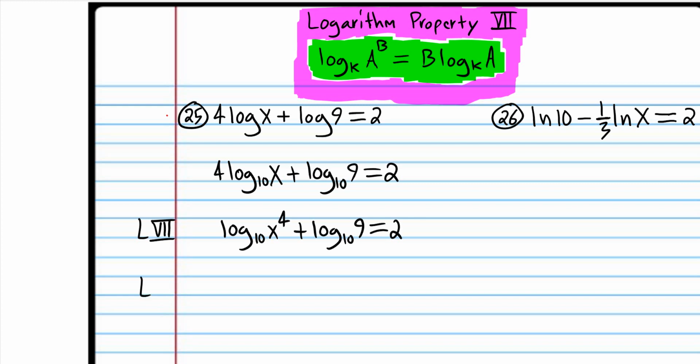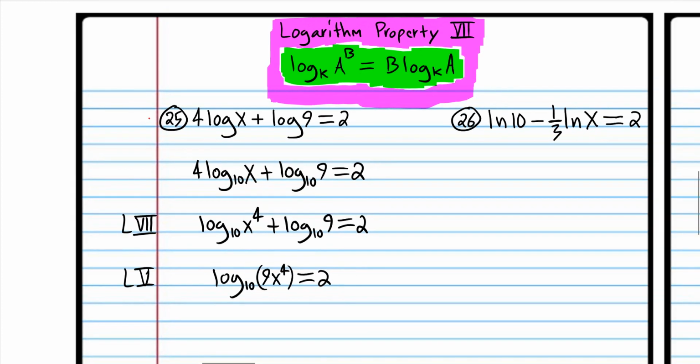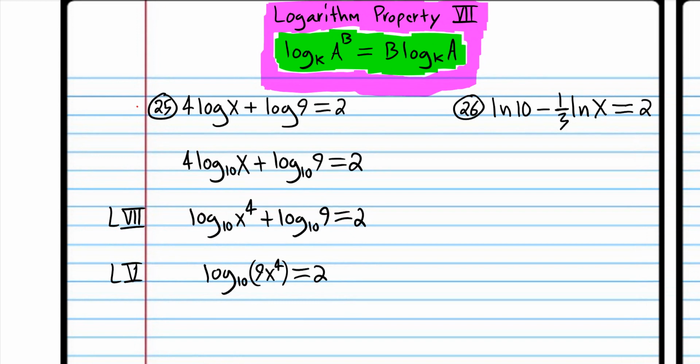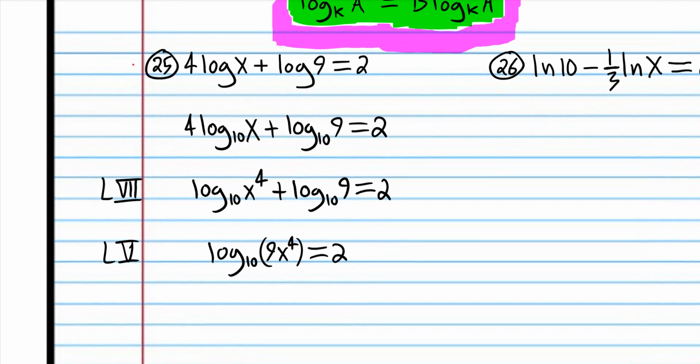Then I'm going to use logarithm property 5. So log base 10 of 9x to the 4th is equal to 2. So now we have to translate to an exponential equation just like we did in the previous problems.